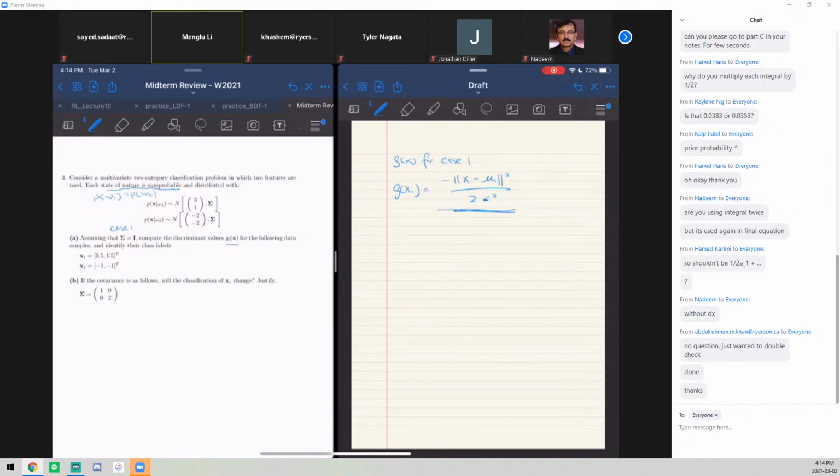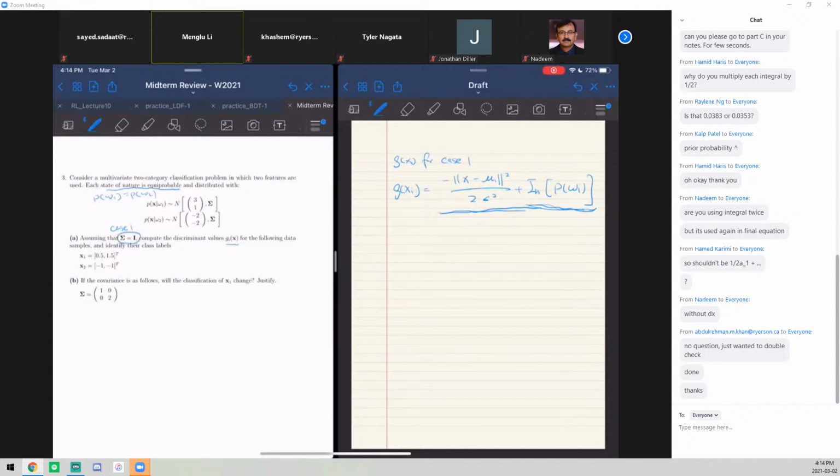So now we just expand this. Actually for this one, if you don't want to know how this equation is derived, you can just remember, okay, this formula is for case one. And why is it case one?